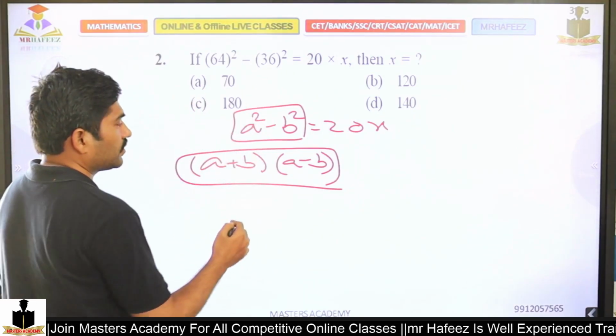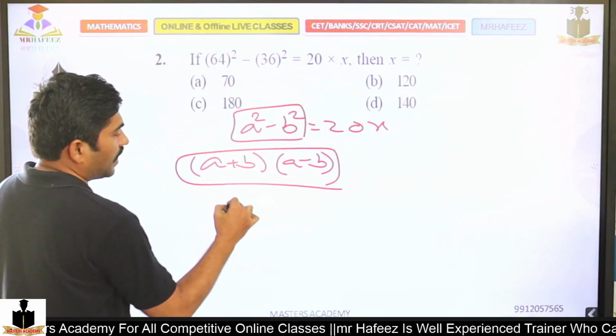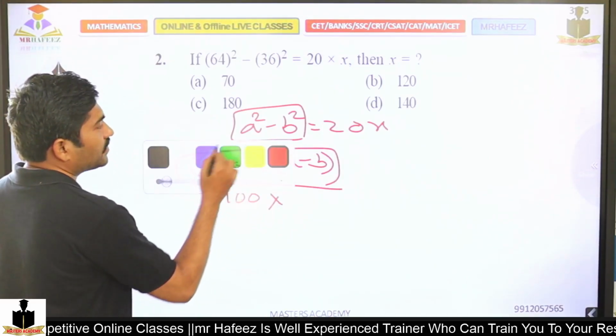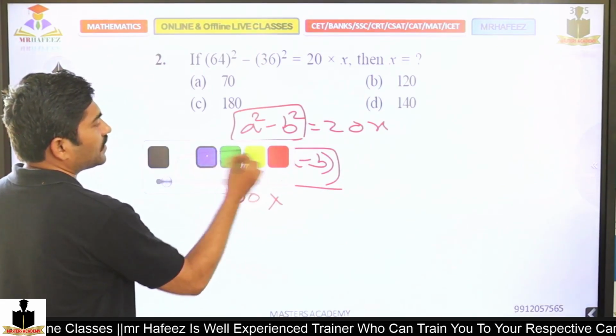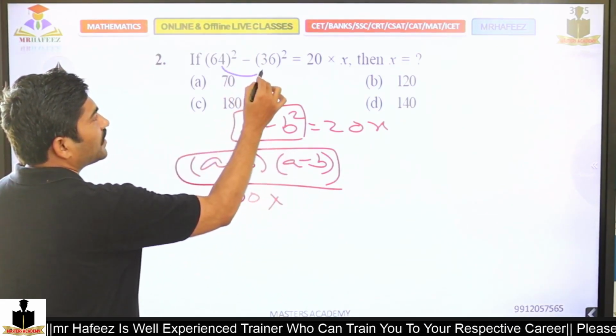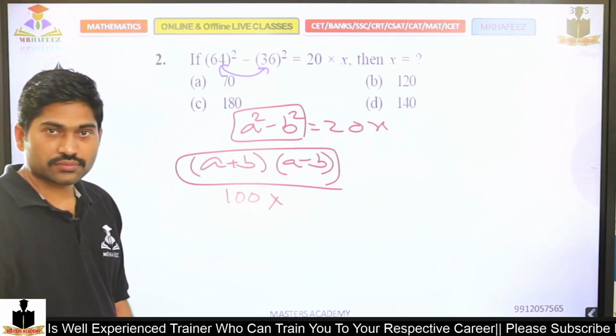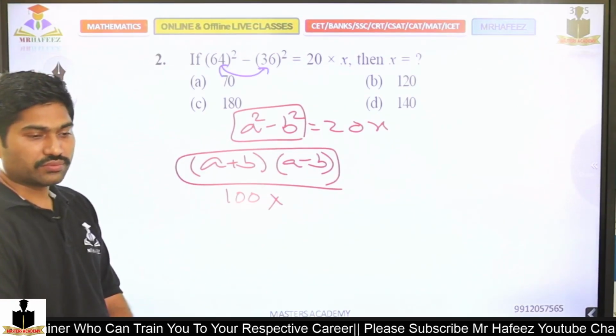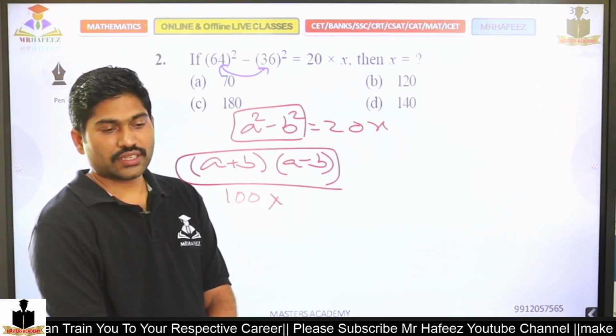64 plus 36 is 100 into 64 minus 36. So 64 minus 36, what is the value?